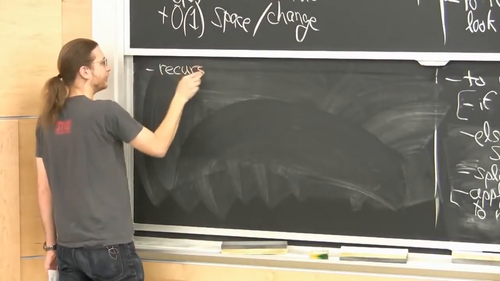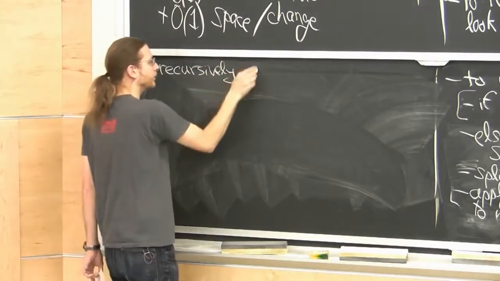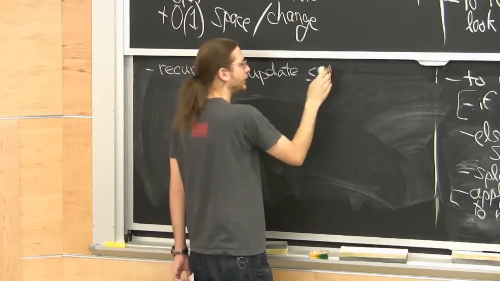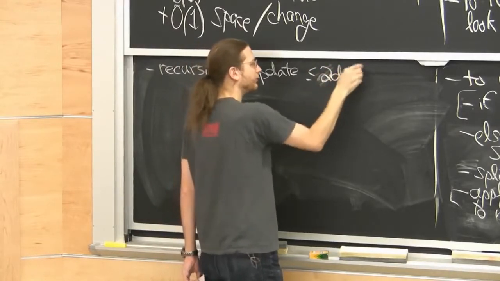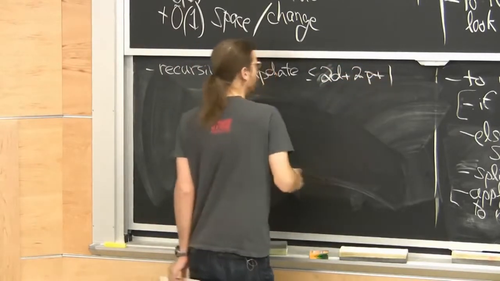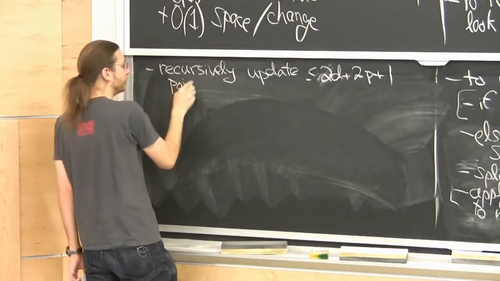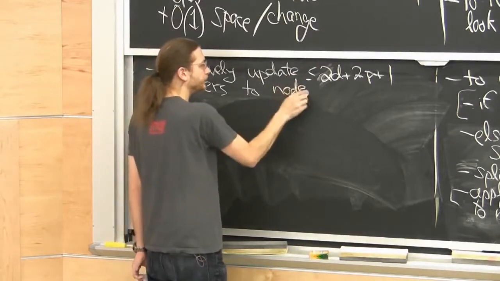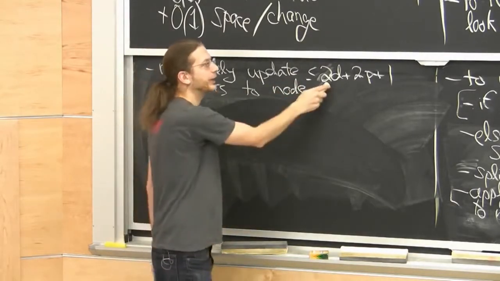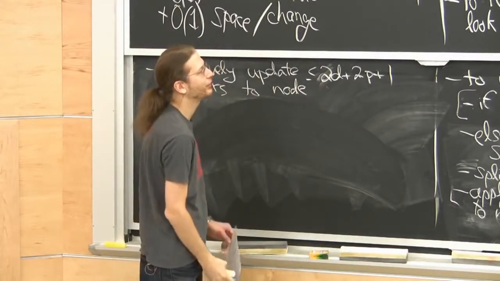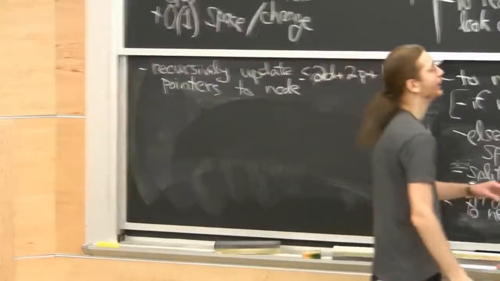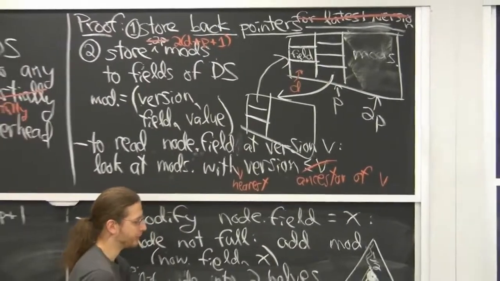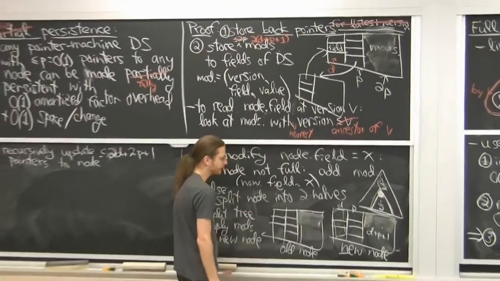So recursively update at most D plus 2 times P plus 1 pointers to the node. The good news is this is really only half of them, or some fraction of them. There were more pointers before. We don't have to deal with these ones. That's where we're saving, and that's why this amortization works.